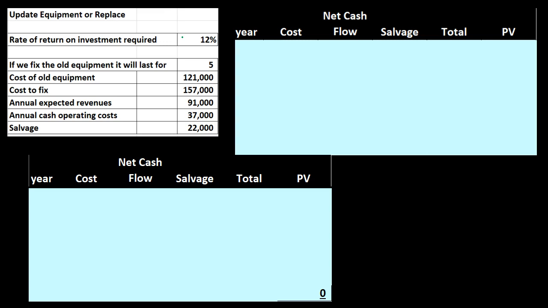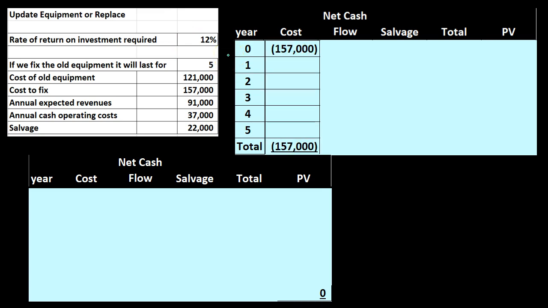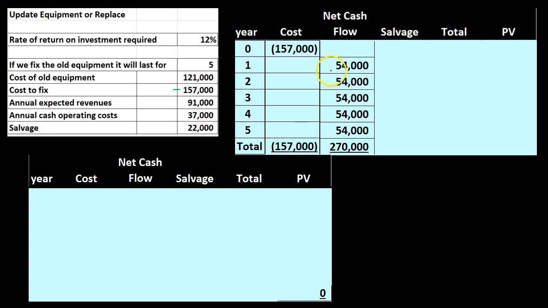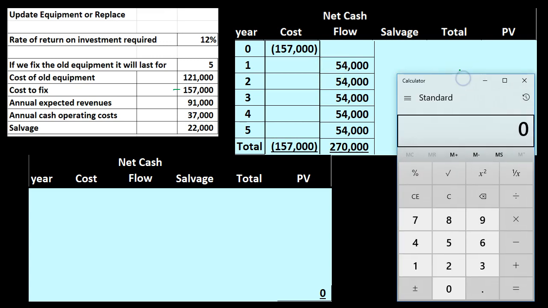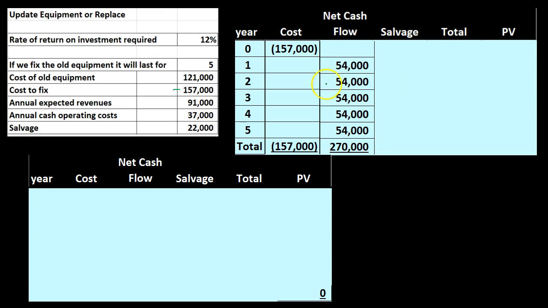So given that information, we'll put that information first calculating with the 12%, and then we'll take a look at what it means to have the IRR. So if we took the years 0 through 5, I'm going to break it out by cost first. That's going to be the $157,000 total. Then the cash flows being, of course, the $91,000 minus the $37,000, or the $54,000. $54,000 each of those 5 years, adding up to a total cash flow of $270,000 net.